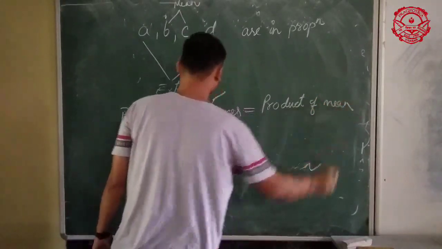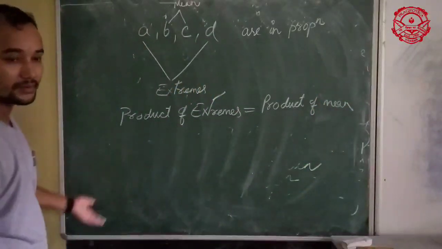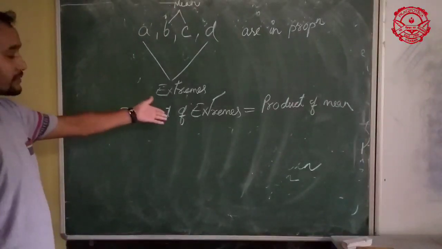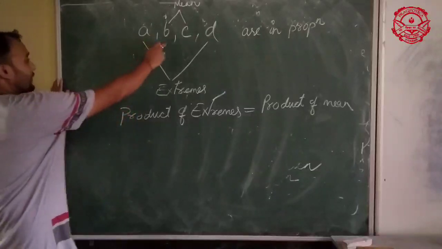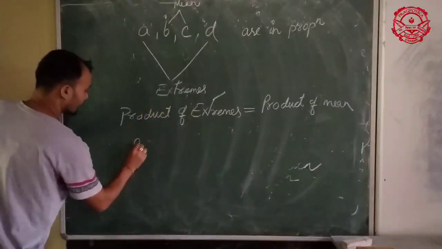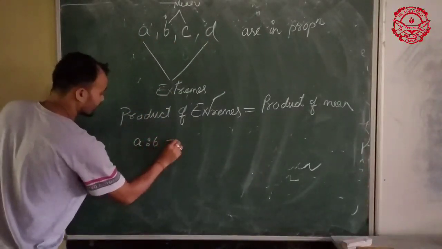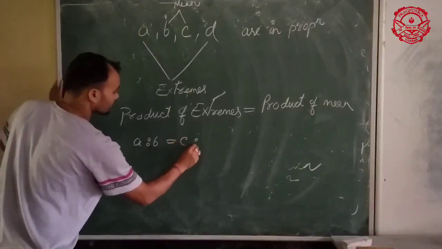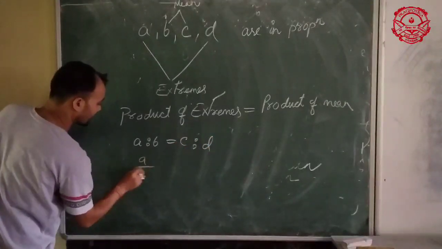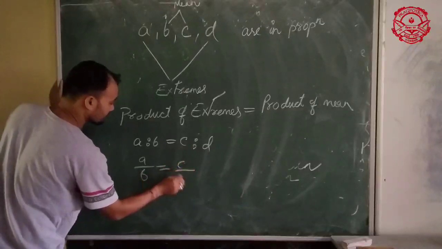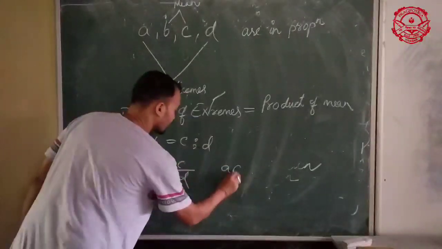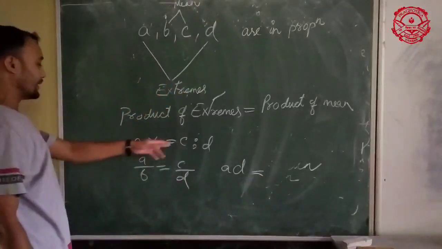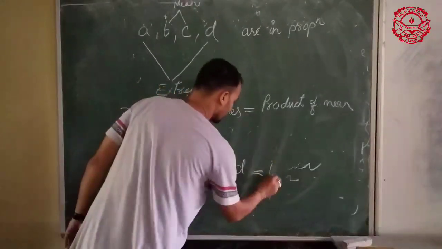You can remember this. We have done this, but I had not used this particular formula. If A, B, C, D are in proportion, that is A is to B equal to C is to D, that is A by B equal to C by D, obviously A and D are getting multiplied, that is AD, and B and C are getting multiplied, and it is BC.